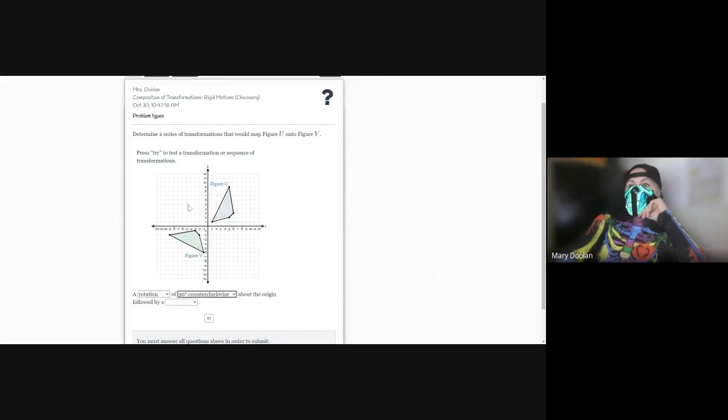I would take this and put it over here. I could just try one at a time too. Well, see, they line up that way. That's good. And now I got to translate it down. So again, I have a very similar sequence of transformations here. How many units do I translate down? I can count. Any point should work, right? So 1, 2, 3, 4, 5, 6, 7. Down 7. And try it.